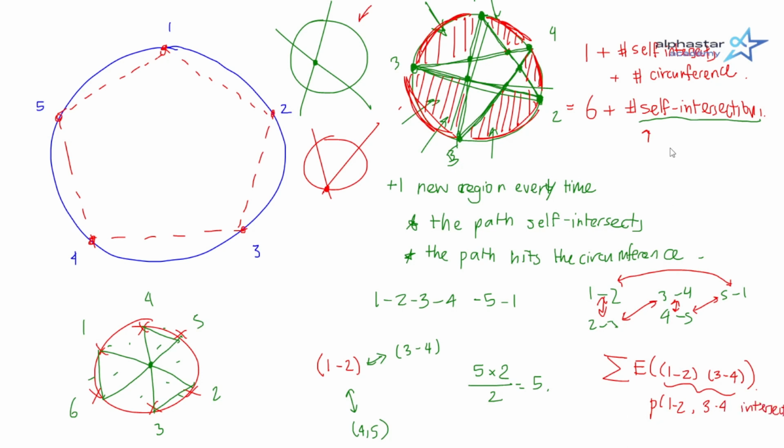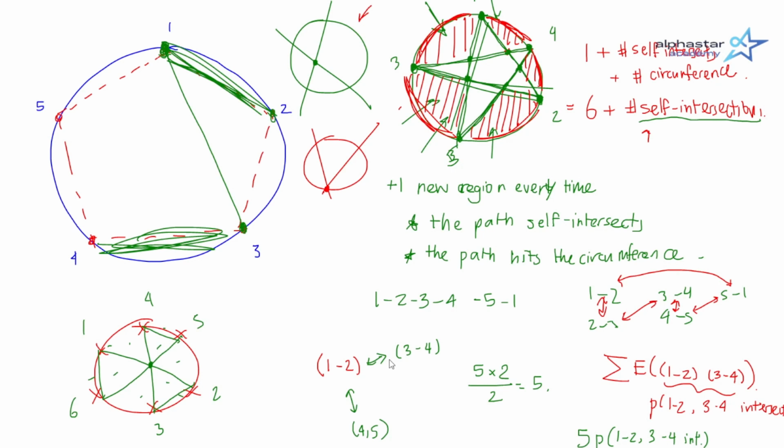So given 4 points, what's the probability that we draw 1, 2, and 3, 4, and they intersect? And we can see that this probability is symmetric for all 5 possible intersections. So really, this is just 5 times the probability that, for example, 1, 2 and 3, 4 intersect. Well, in this case, we can think about drawing 1, 2 and 3, 4 in a different way.